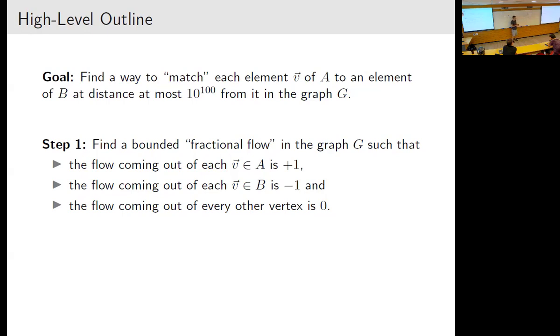And you want the amount of flow on every edge to be uniformly bounded. It's kind of like a matching, because if I match something in A to something in B at bounded distance, I could then take a shortest path between them and put +1 flow going along those pipes to get to the thing in B.